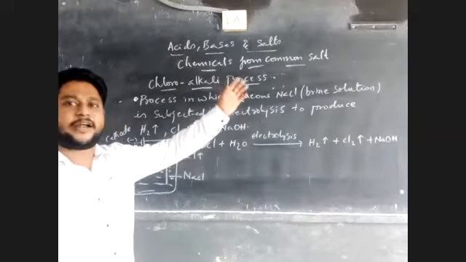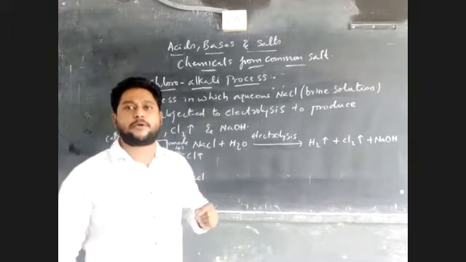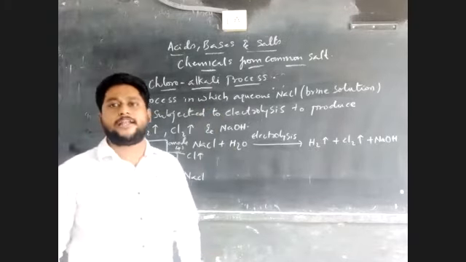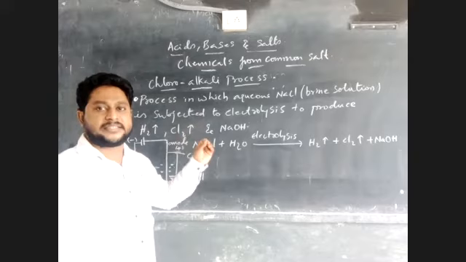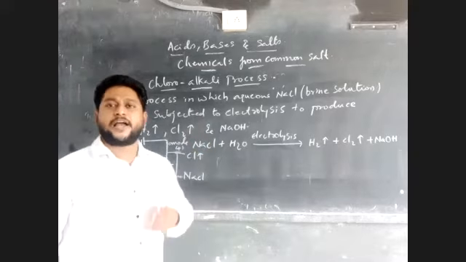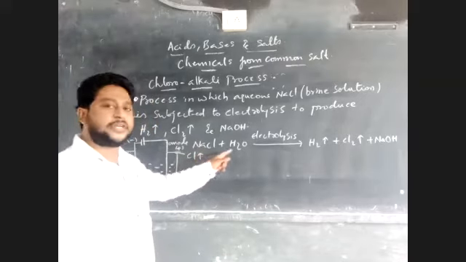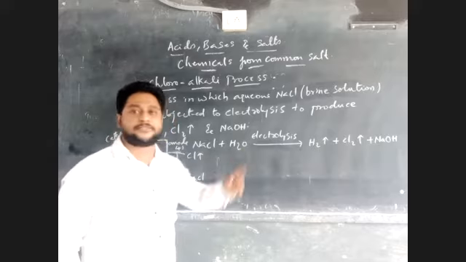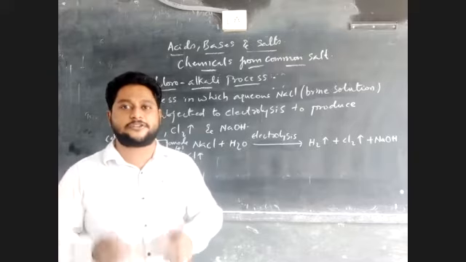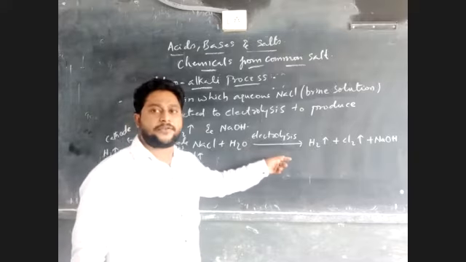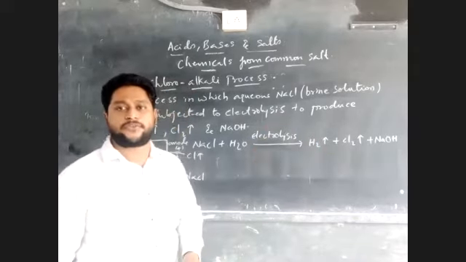Now, the chemicals that are obtained from common salt. What is the process to get the chemicals from common salt? The first one is the chloroalkali process. What is the chloroalkali process? Aqueous NaCl is called brine solution. When this brine solution is subjected to electrolysis, meaning splitting in the presence of electricity, it gives us hydrogen gas, chlorine gas, and sodium hydroxide.